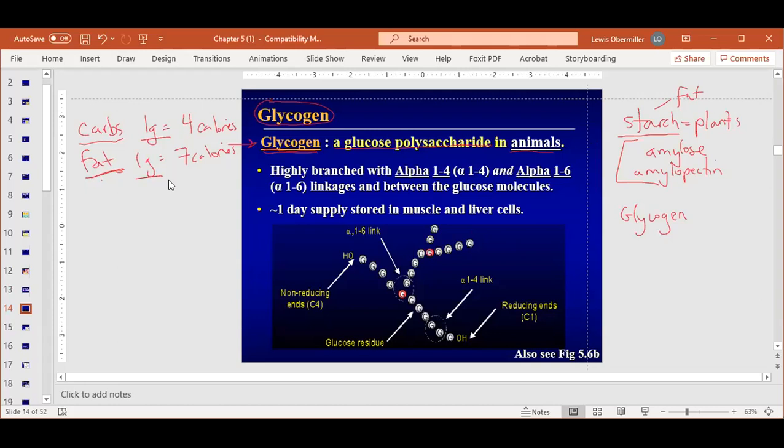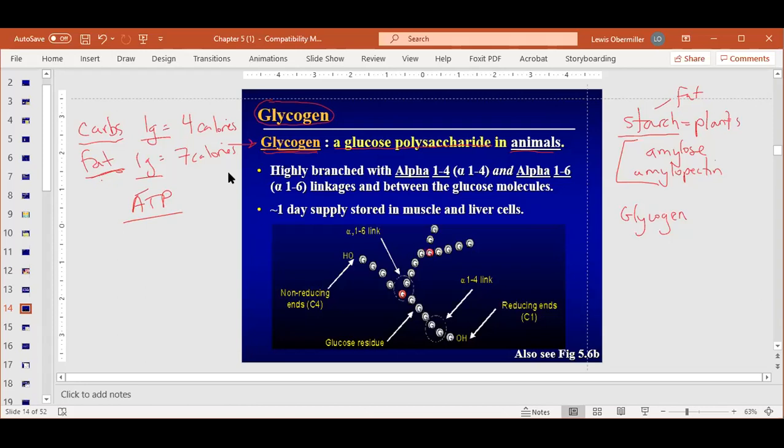And so think about if you stored all your energy as fat, your body would have to release the fat from your fat cells. It would have to travel through your blood. It would have to get converted into our energy currency, which is ATP. And we'll talk about this in respiration too. And then you would have to have that ATP go to your muscle cells, because that's going to allow you to run away from the bear. That takes a long time. And by the time all that happened, you'd already been eaten.